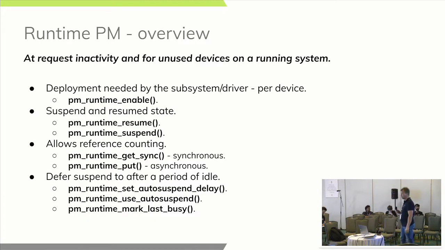Okay, moving into the next framework that is trying to help us. So the system-wide thing makes sense when you know everything is going to be powered off. I'm not going to use the platform for a while. But there is also the other scenario where you actually have a running system, but you're not using the entire system. Parts of the system are not being used. Devices and resources are inactive.